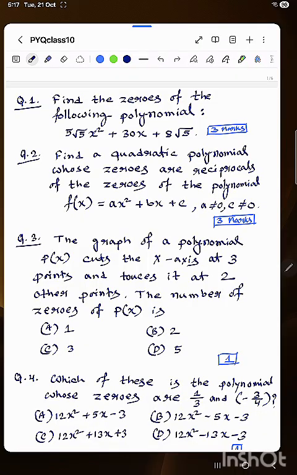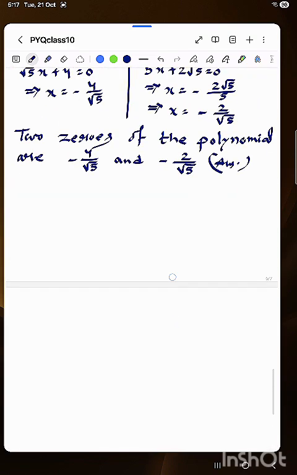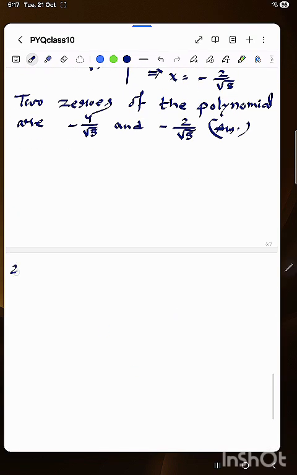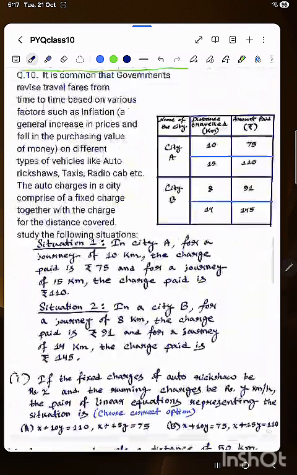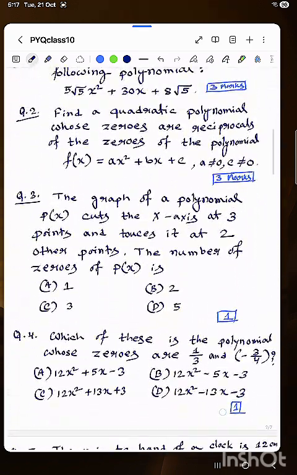Okay, so first we have to let something. For the second question's answer, first note down the question. I am giving some time to note it down. Note down the second question.